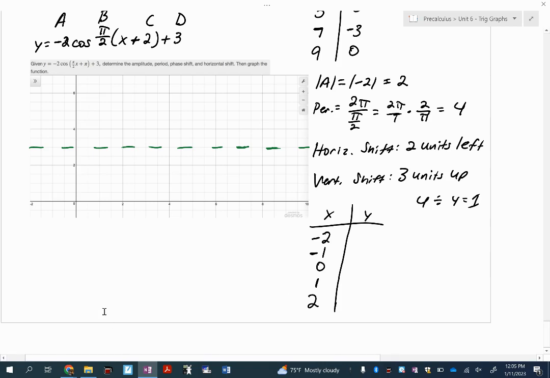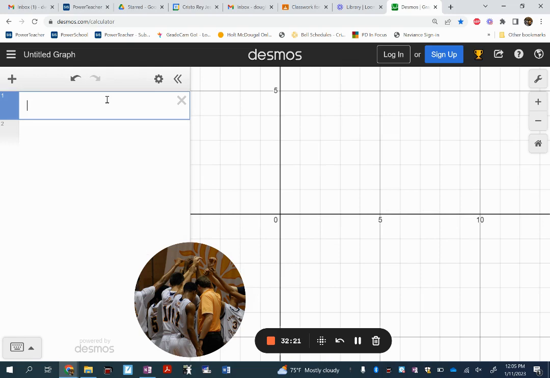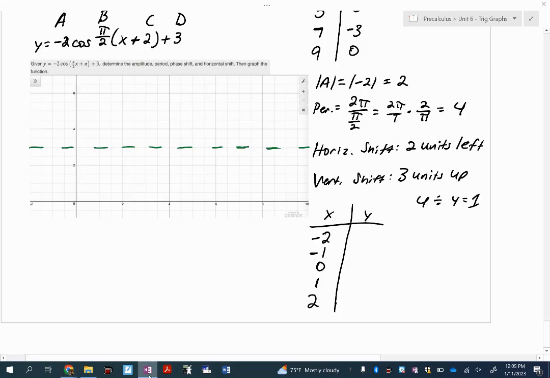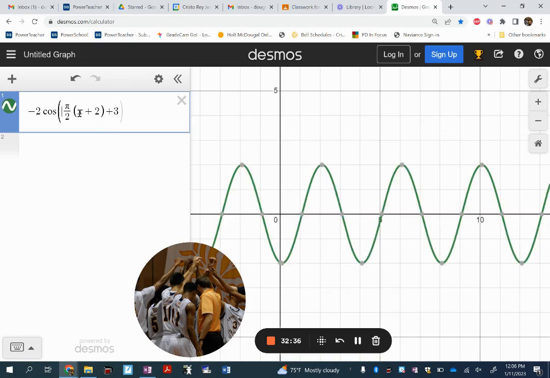All right, so I'm going to type in negative 2 cosine of pi over 2 times x plus 2 plus 3. And let me get rid of those parentheses now.